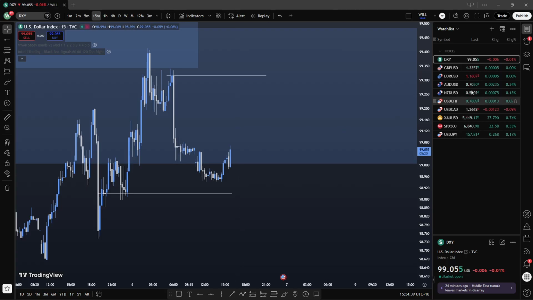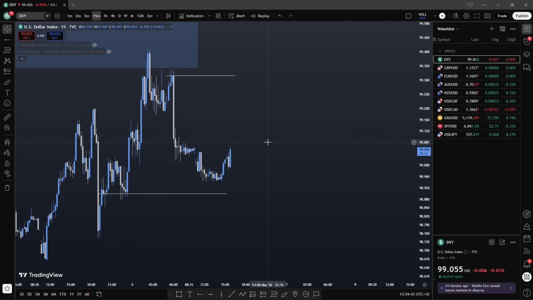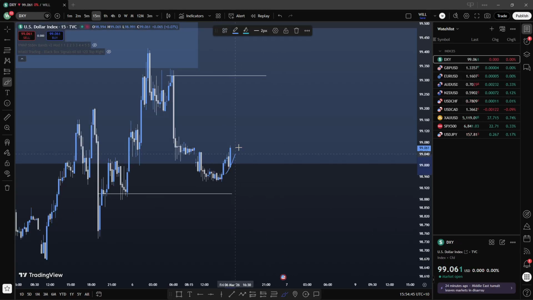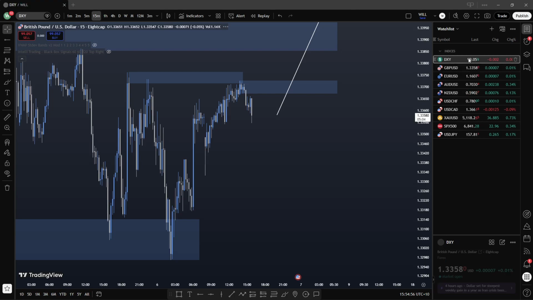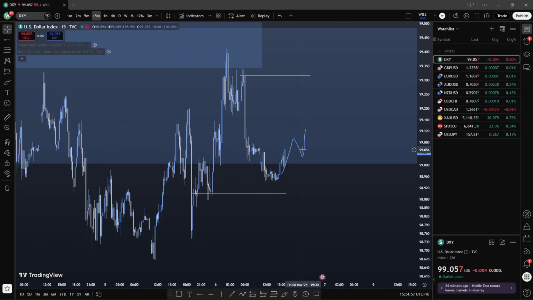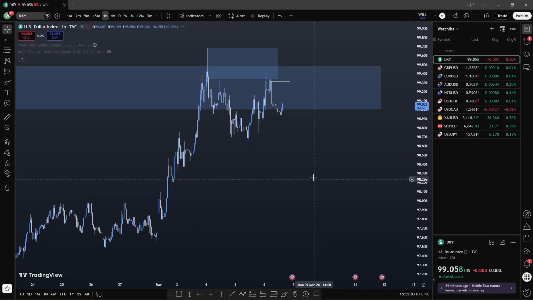You could be extra aggressive at looking for buys. But if we form a little bit more structure here on the 15, and then we break structure on the 15 to the upside, then you can look for, you know, aggressive sells on GBP USD. That would be an aggressive and conservative example of both, but that's what I'd sort of be looking for.